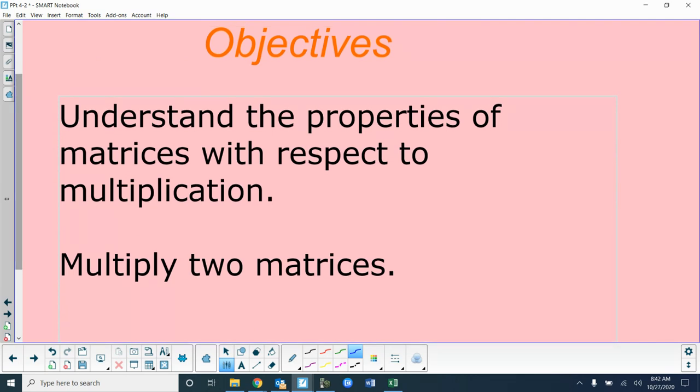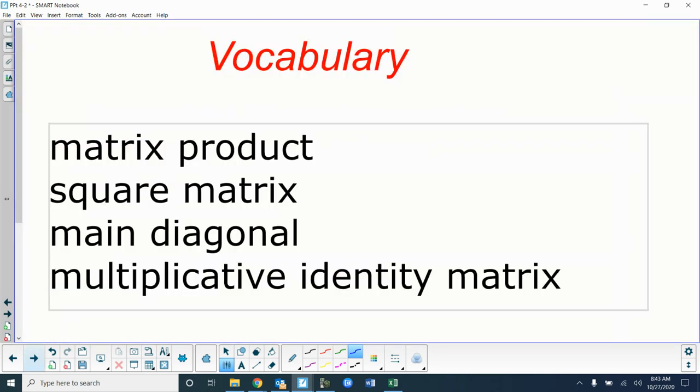Okay? So, matrix product, again, product means multiply. Square matrix just means the dimensions are the same, 2 by 2, 3 by 3, so and so. Main diagonal, multiplicative identity matrix. What was the additive identity matrix yesterday? What numbers were in it?